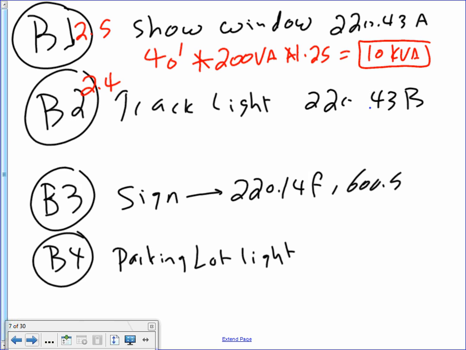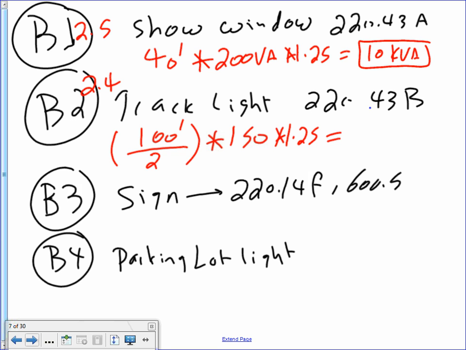Okay, I have 100 feet divided by 2, then multiply it by 150. What does that mean? For every 2 feet, give it 150. So you take the 100, divide it by 2, multiply it by 150. Don't forget to multiply by 1.25. Why? Because continuous load. That will get you 9 kVA. So that's your track light.